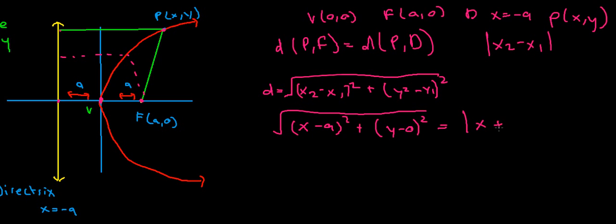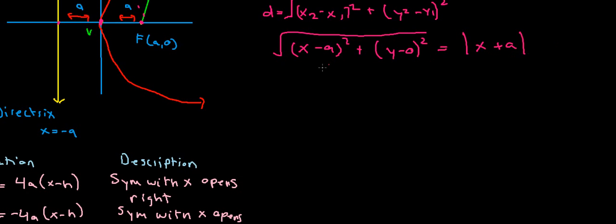So this will turn into a plus, and it's an absolute value. Now I'm going to square both sides. I just got rid of the absolute value signs because when I square this, it's always going to be a positive number. Now I just continue along.